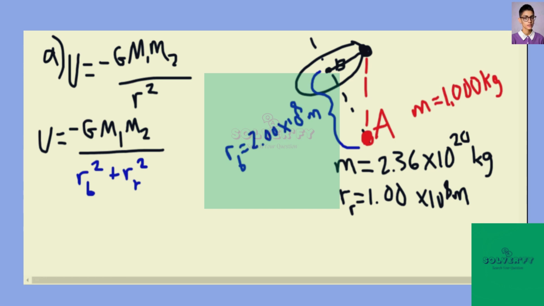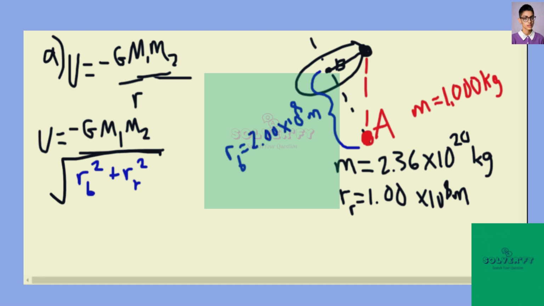But we don't want R squared in the denominator. We just want R, because this is just potential energy. So I need to take the square root of that. So let me go ahead and take the square root of this. I'm having some trouble getting that in there. Almost got it.